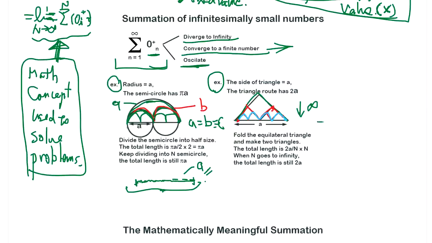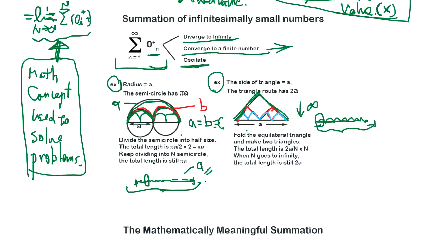What happens is you have infinitesimally small triangles. You add them all, the lengths, okay? You add them all, it becomes the same as this length, okay? So we just made it this way or this way, but depending on the infinitesimally small number, whether it's a triangle or semicircle, the final result is different.